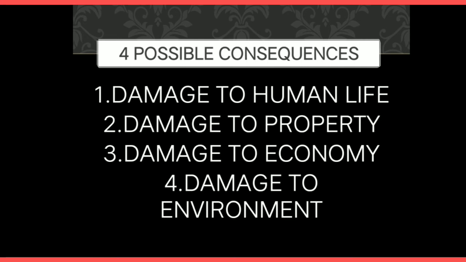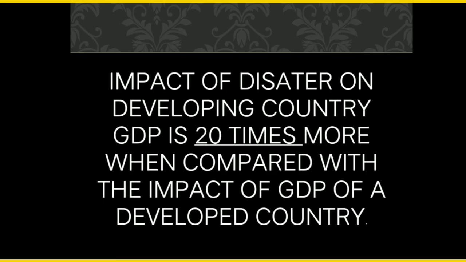So we need to talk about two main points on this disaster. If we talk about the two particular impacts in the context of this disaster, the first will be the impact of this disaster on developing countries in particular, and the second is the impact of this disaster on the weaker sections of society.